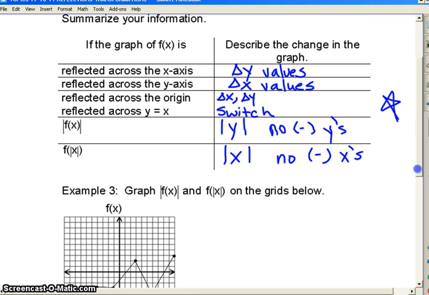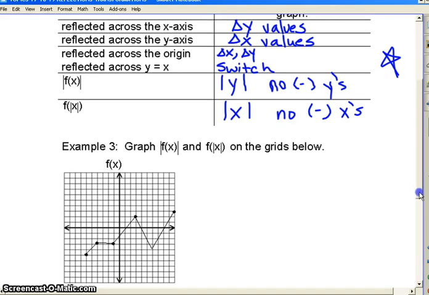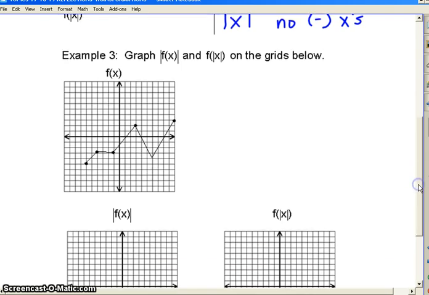Okay, example 3, graph the absolute value of the function and then the function of the absolute value on the grids below. Okay, so here is your original graph. And if I graph the absolute value, what's going to be the change in that graph?